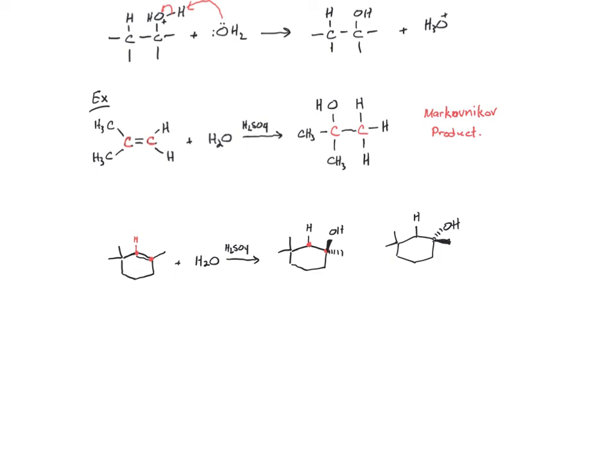Again, these are enantiomers, and because the intermediate that we go through is a planar intermediate, there's no preference for one attack over the other, and we wind up with a racemic mixture. And remember, that means that there's no optical activity.